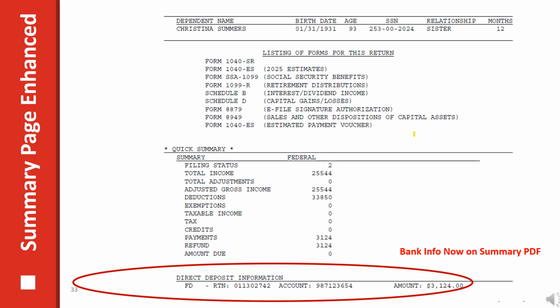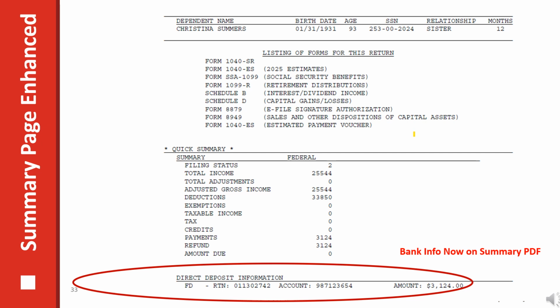So we have a couple of improvements to the summary print screen. Now this is the screen that you see on the summary page when you click on View Print Return, it prints a summary of the taxpayer's tax return. So this is the summary screen, the PDF file that you would see at that point.